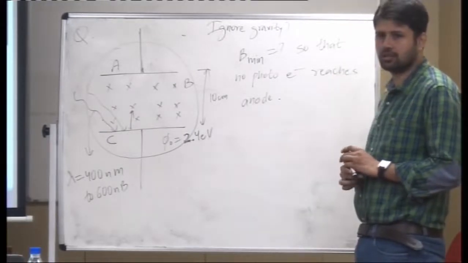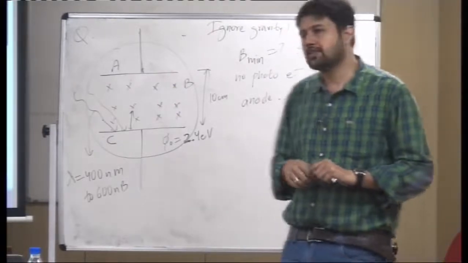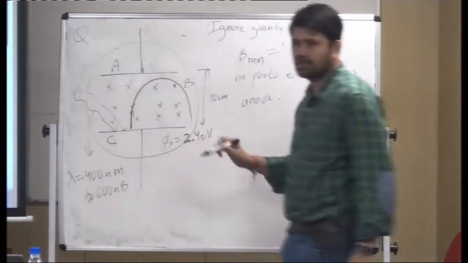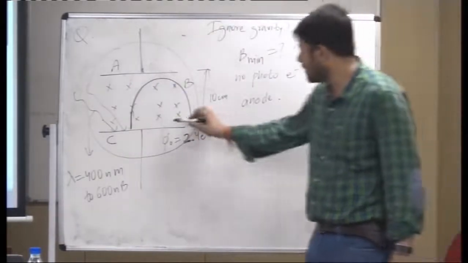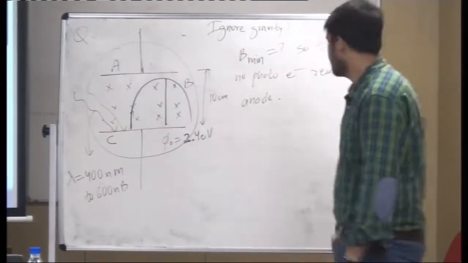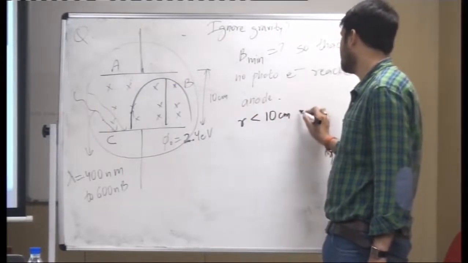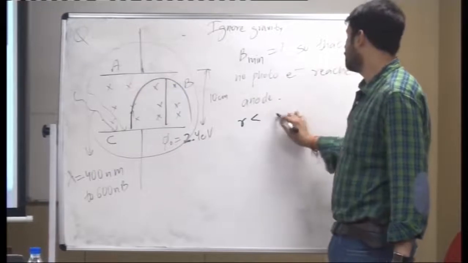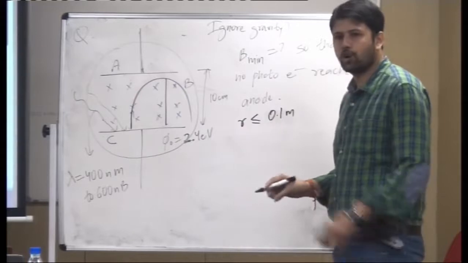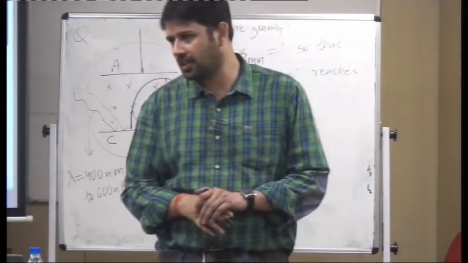Okay. What happens? Because of magnetic field, the electrons take a circle, and the radius of the circle should be less than 10 centimeter, right? Radius should be less than or equal to 0.1 meter. How did we used to calculate the radius? mv square by r is equal to qvb.